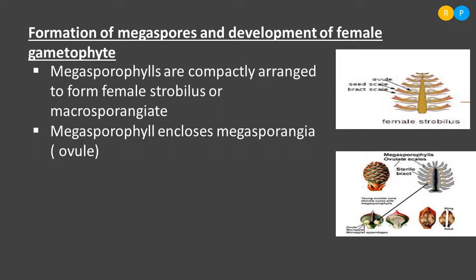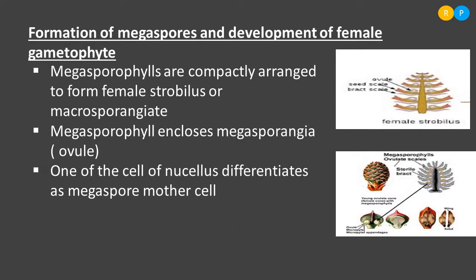If we take a section of the sporangia, we can find diploid cells. Within the megasporangium, many diploid cells will be present, and those diploid cells are known as nucellus.